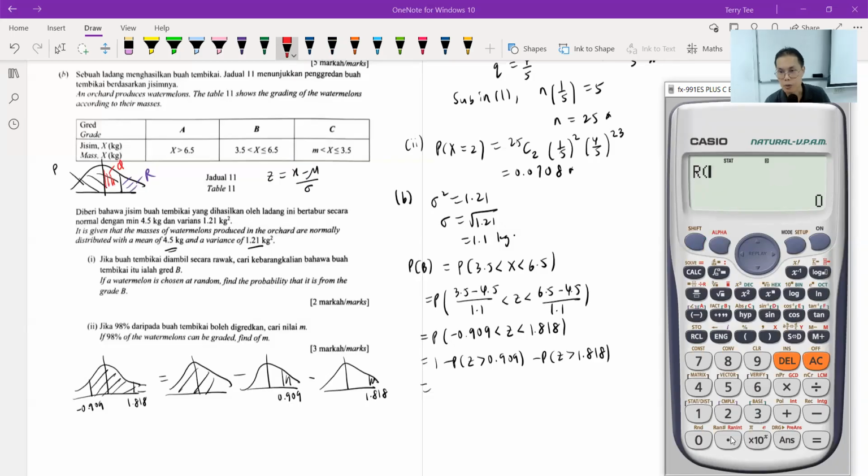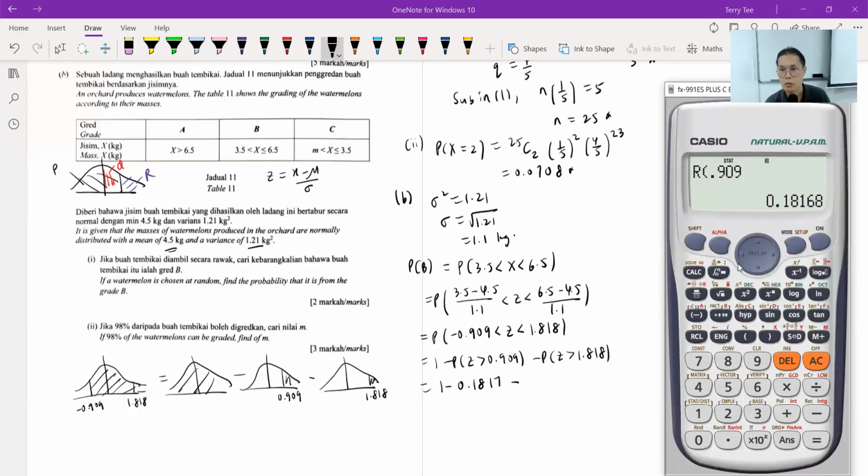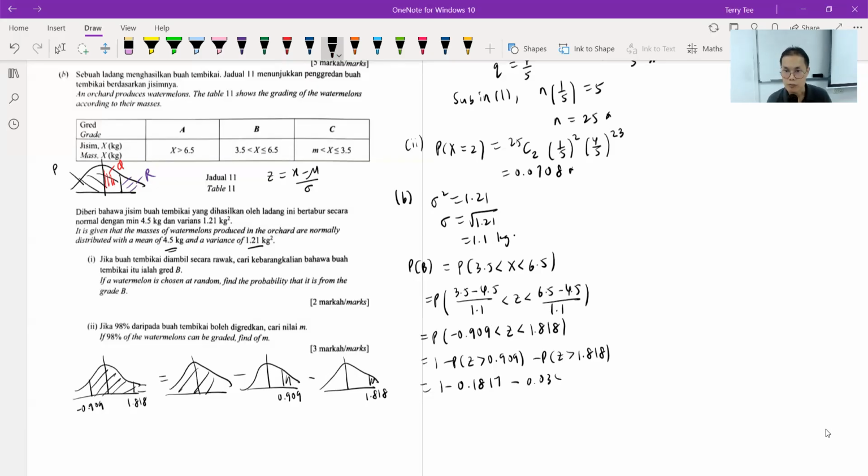Then I type in 0.909. Then I get this answer, 0.1817. 4 decimal points is good enough. As for 1.818, again, I can just use this. 1.818. You will get 0.0345.